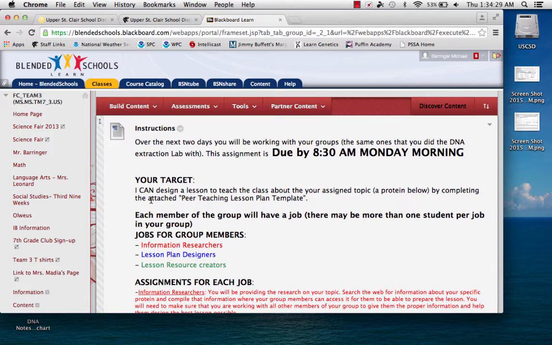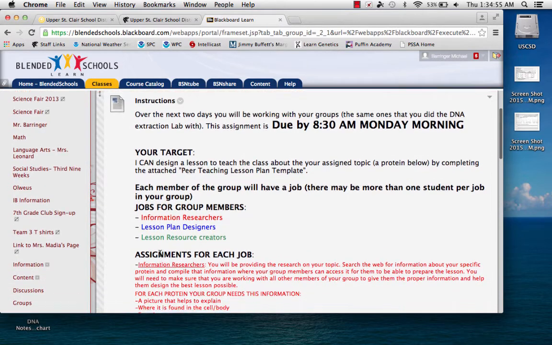Each member of this group is going to have a different job, and for each job I list, there may be more than one student per job. So if you have a group of 4, we only have 3 jobs listed. We have the information researchers, the lesson plan designers, and the lesson resource creators. If you have a group of 4, obviously there's going to have to be 2 people on at least one of those jobs.